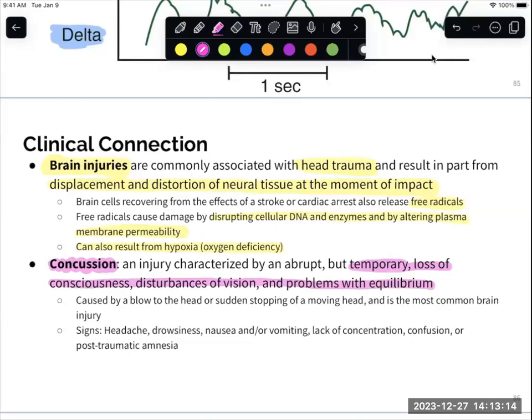This is the most common form of those brain injuries. People can have a headache, drowsiness, nausea and or vomiting, lack of concentration, confusion, or post-traumatic amnesia. They don't remember what happened.